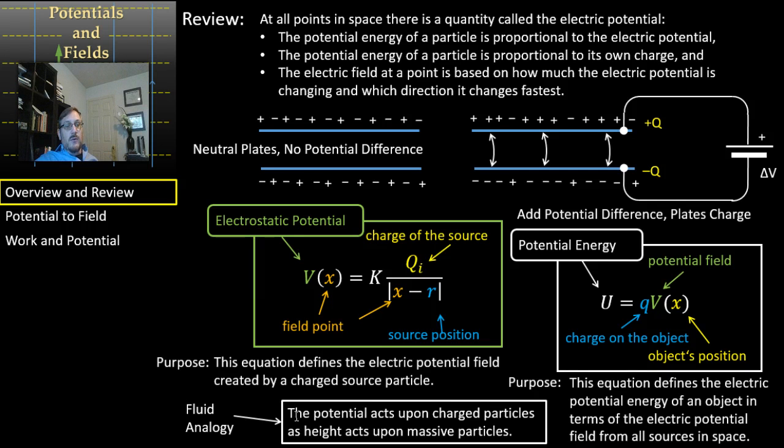And then we have this fluid analogy. Basically, what I'm saying with the fluid analogy is that the potential acts on charged particles the same way that height acts on a massive particle. So if you took a potential, or potential energy basically, and you graphed it out, then you had a positive charge and you had a negative, and you had something at the bottom.